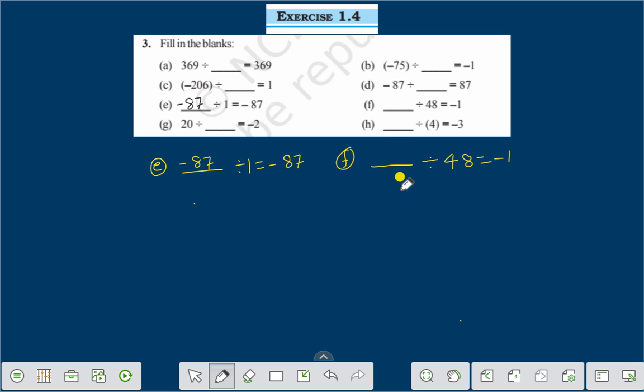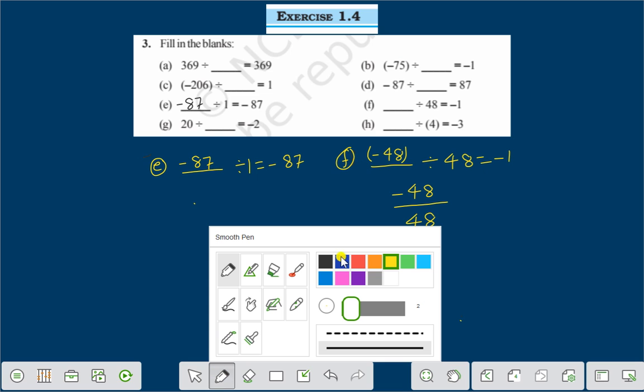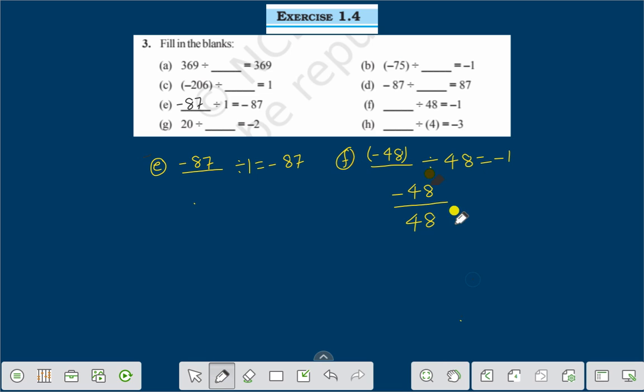That means if we divide dash by 48, the answer is 1, that means it will be 48, and here you see the sign is minus, therefore it will be minus. That means it is minus 48. Minus 48 divided by 48 is equal to minus 1. F is minus 48, right?